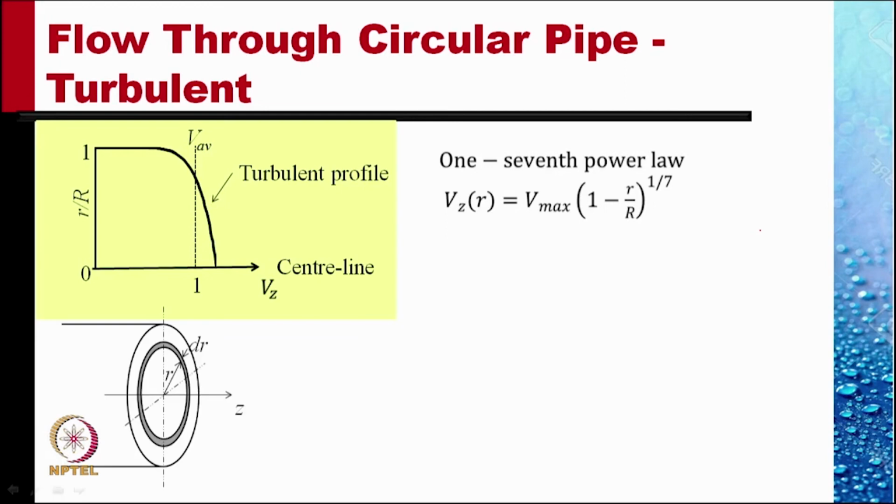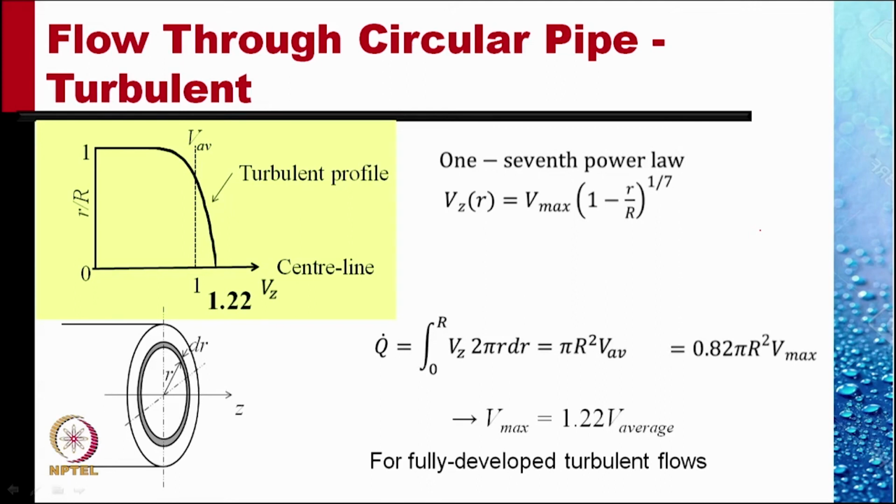We take a ring of thickness dr at a radius r. We write the volume flow rate Q dot as integral over 0 to R of Vz times the area of the ring, which is 2 pi r dr. And this is equated to V average times pi R square. And from this we get Q dot as 0.82 pi R square V max, and then we get V max is equal to 1.22 V average.